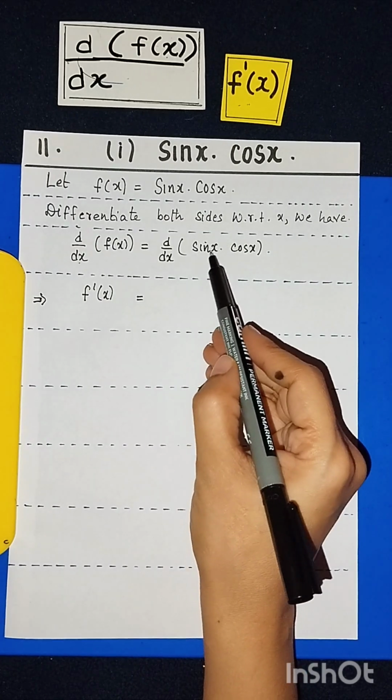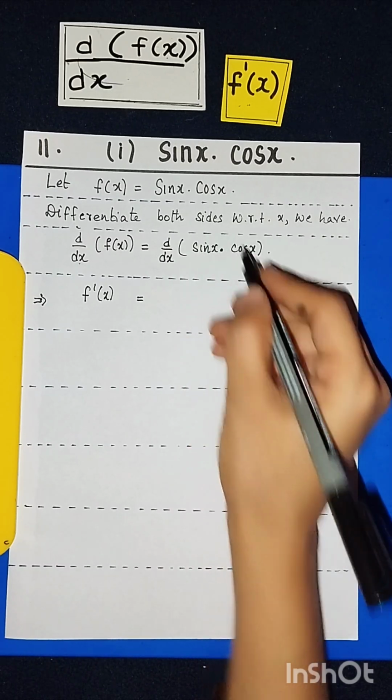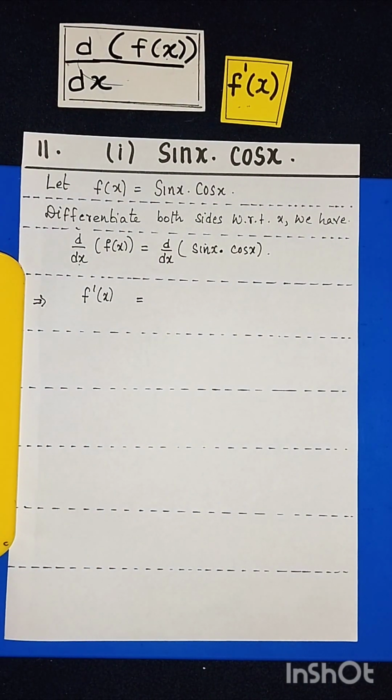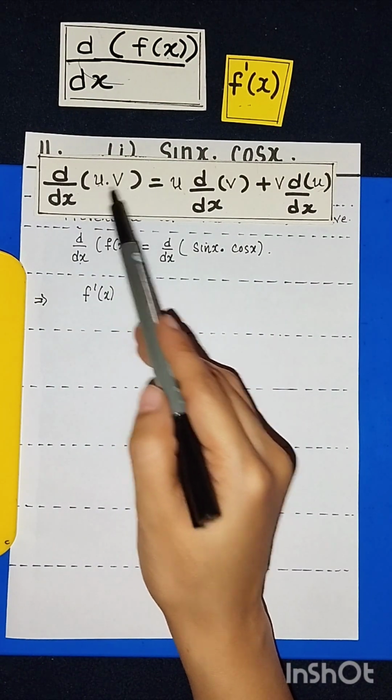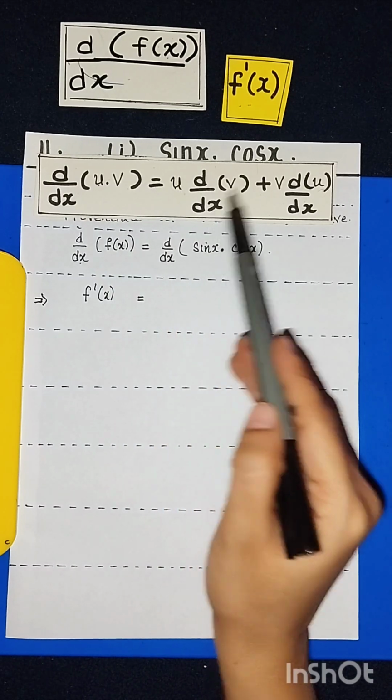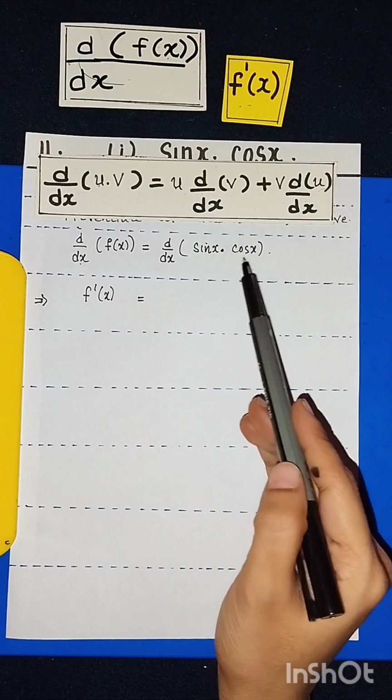So this is function into function, a product of two functions. So when you have a product of two functions, from the algebra of derivatives we have learned that d by dx of uv is equal to u into dv by dx plus v into du by dx. This is u and v.